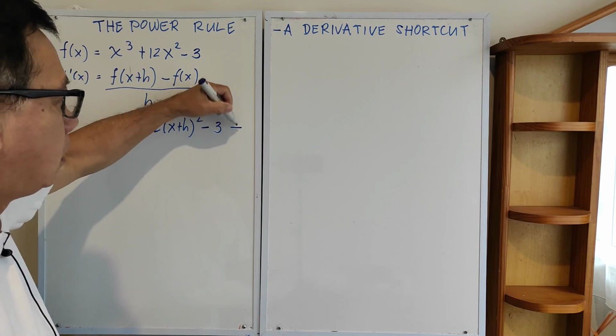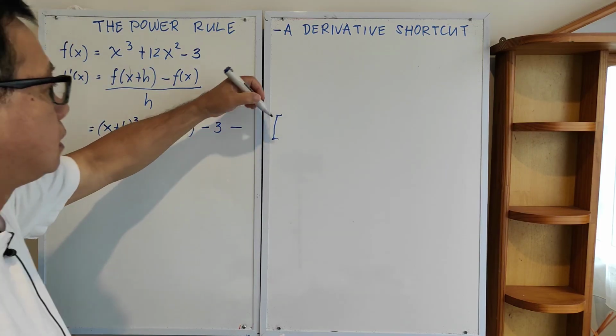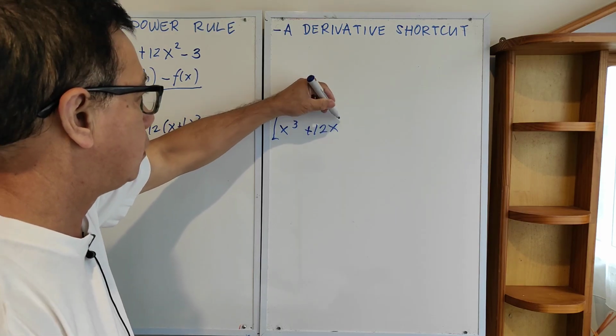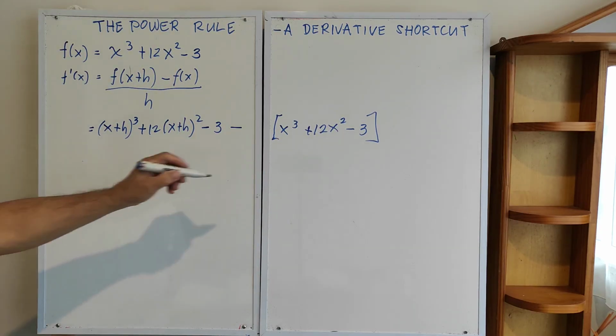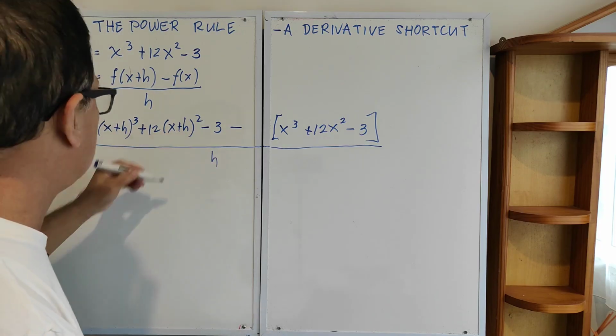So minus, I'll just use the other board, the whole of this: x cubed plus 12x squared minus 3. So that's all over h.